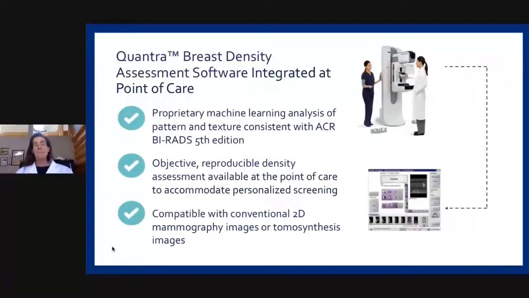Again, better than radiologists. I read one study and it said we only agree with ourselves, I think, one third of the time in terms of breast density. So not great results for sure. And then even between radiologists, it can be a challenge as to who's calling what density. The wonderful thing also about Quantra is that it is compatible with both the 2D images and also the tomosynthesis images.